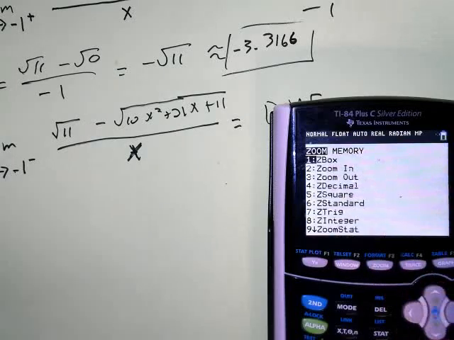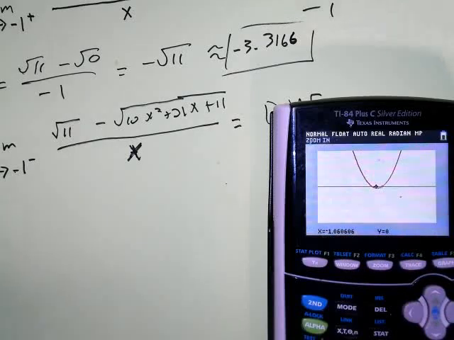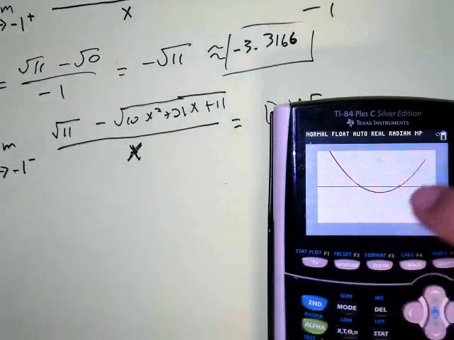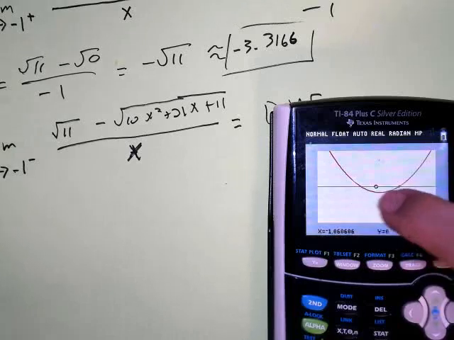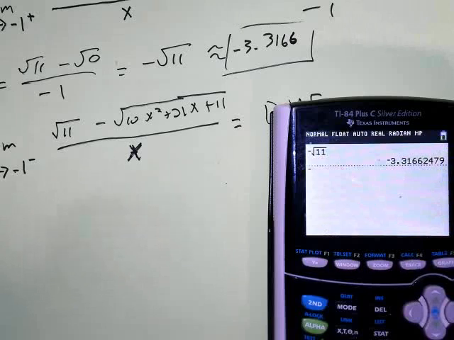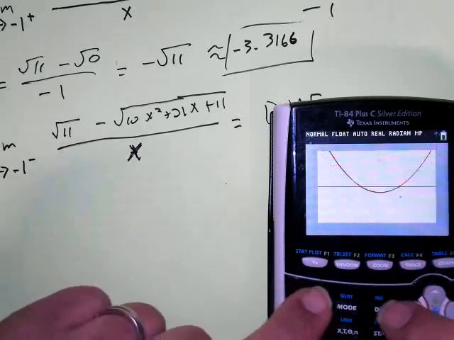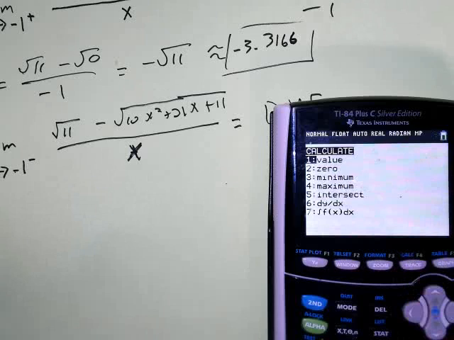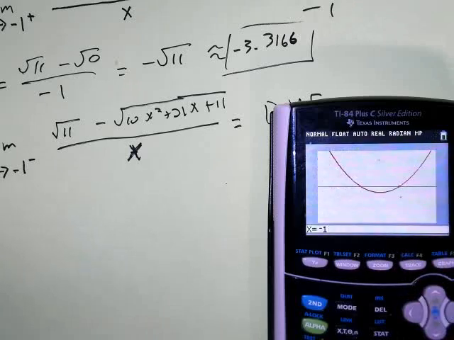And as it turns out, of these two roots, one of them is negative 1. If I hit second calc and plug it in, you see I get 0.